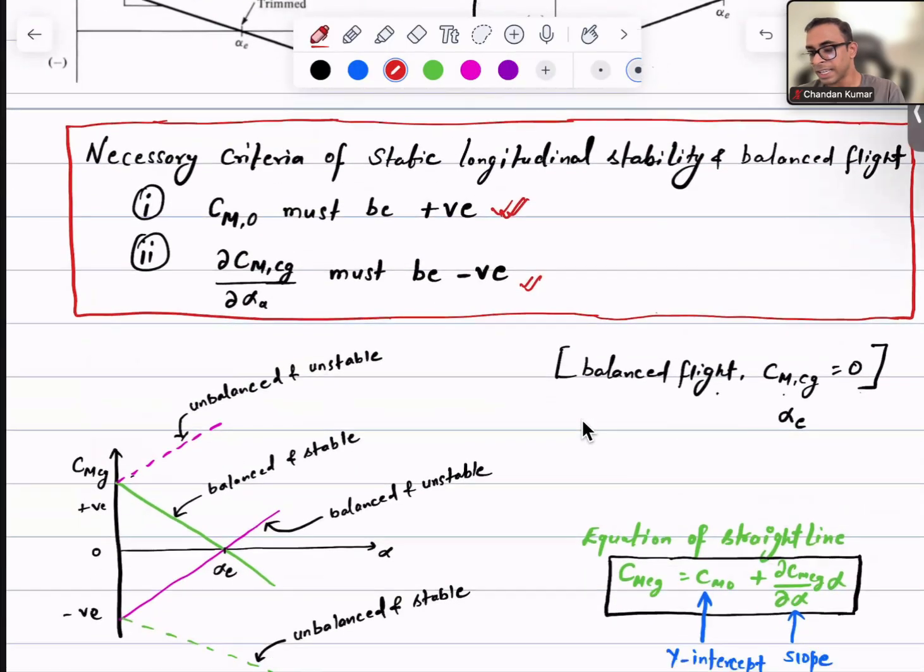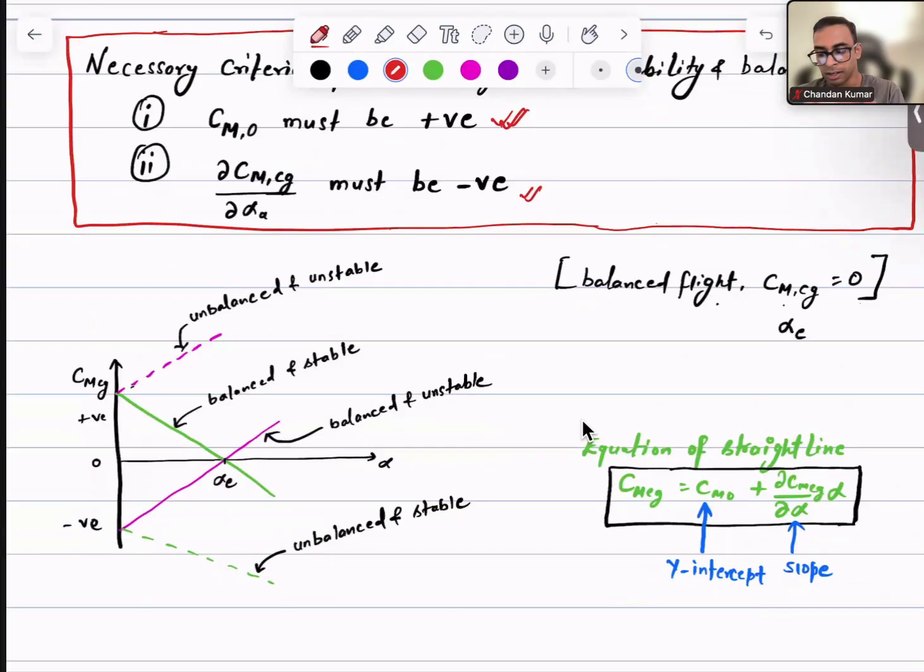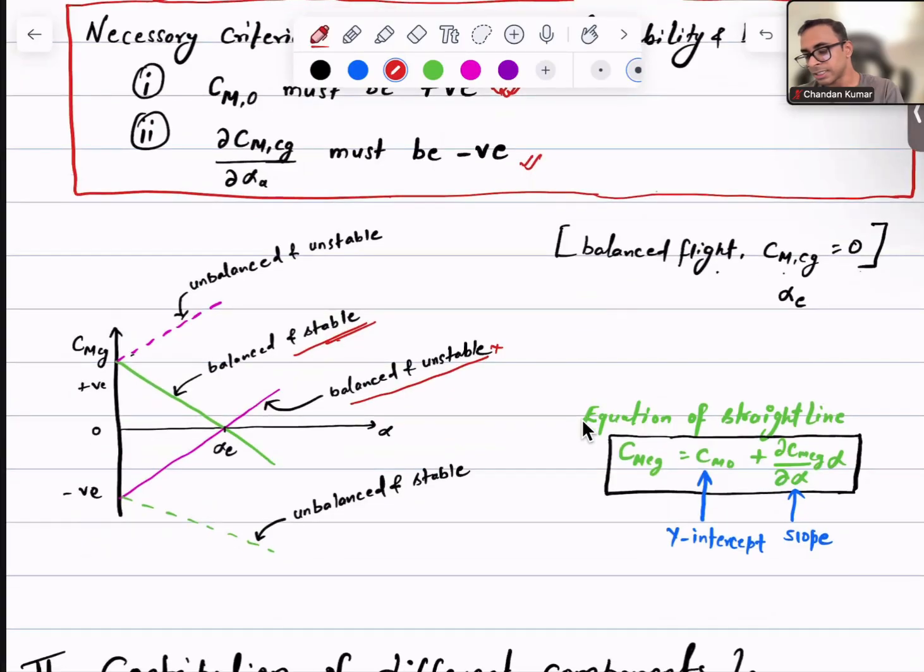We can have another scenario also. Here we have the green line, which is showing the balanced and stable flight that we discussed, while the pink line is showing the balanced unstable flight, which we don't want. Other than these two, we can have another scenario where the green dashed line is showing an unbalanced and stable flight. An unbalanced flight is such a flight which doesn't have any trim situation, so it doesn't have any trim angle of attack.